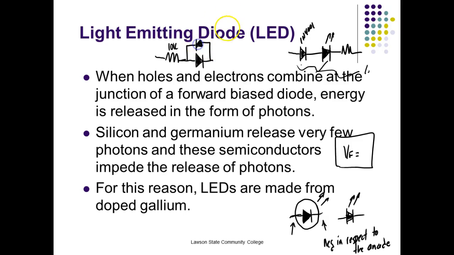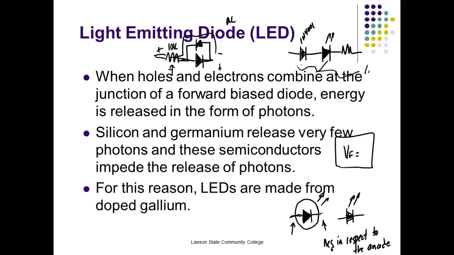So now I can run this thing on AC. When this goes positive and this goes negative, it's going to bypass this, right? You understand that? When this is positive over here and this is negative, then the current would flow through the LED. The important thing is sizing that resistor right there.